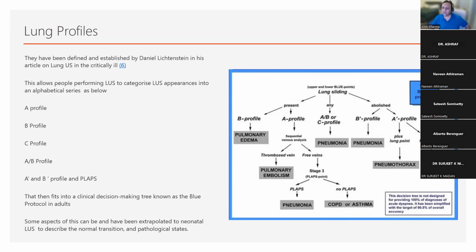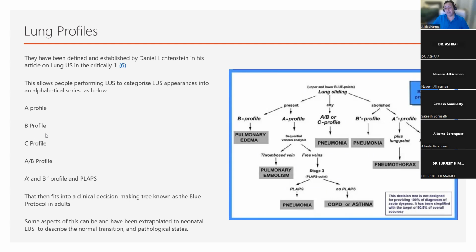So just to take you through the different profiles, an A profile is essentially well-aerated normal lung with sliding. And for any baby who has an A profile in all areas, you'd expect both lungs to be normal. As I said, a B profile is when you have more than 3 B lines entering the intercostal space, and if there are multiple spaces, R1, R2, R3, R4, then what you're talking about is transition from an A to a B profile.